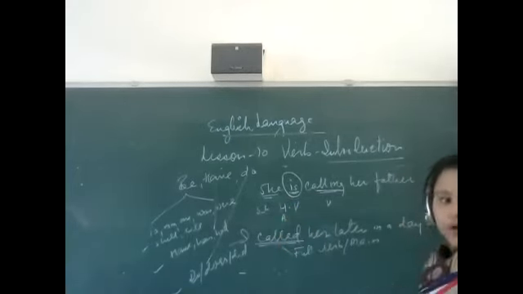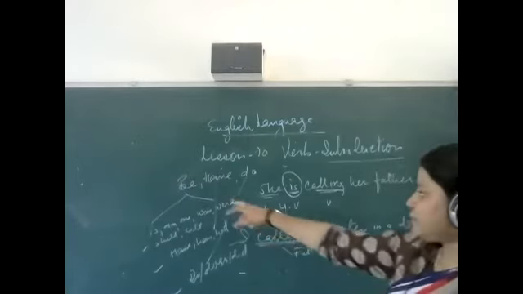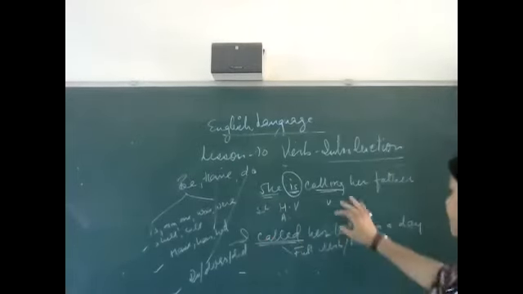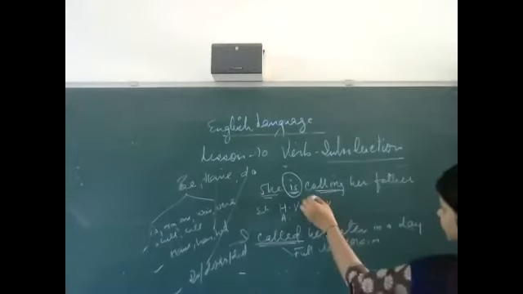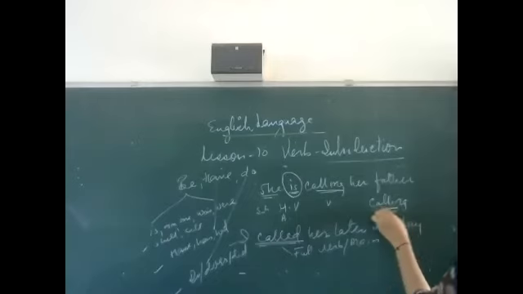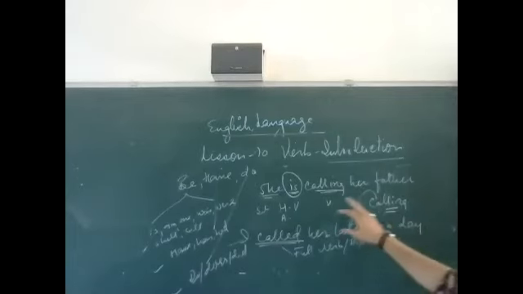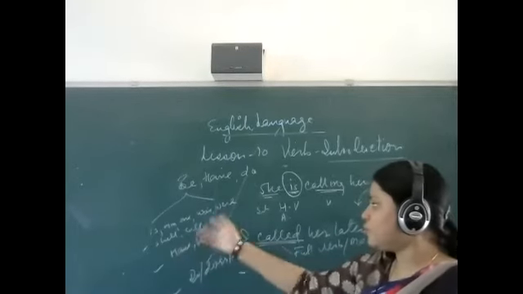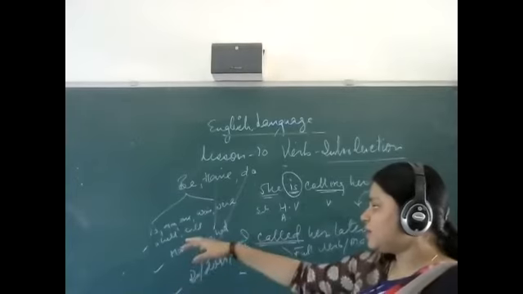In auxiliary verb, what category? You will write it is primary auxiliary. Calling must need another verb to make it complete. So we can take was calling, were calling, shall.